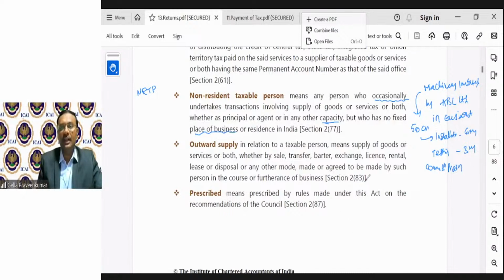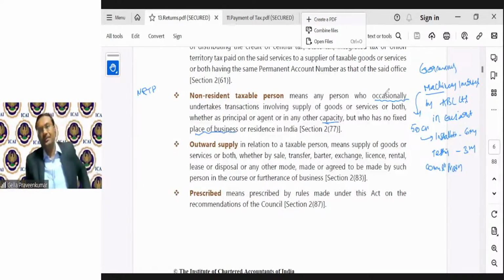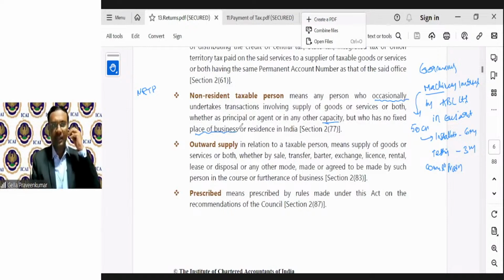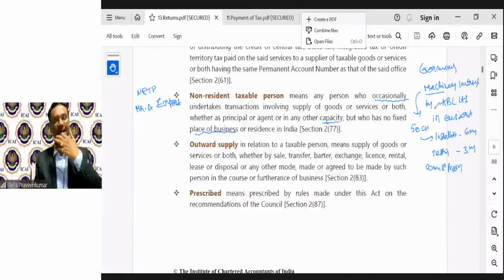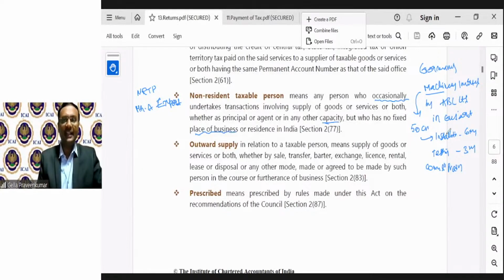Now, assuming that this machinery has been imported from Germany, this ABC Limited has taken the support of Mr. A, who is an expert on operating this machinery. This company says to Mr. A, please visit India right from installation and till commencement of your testing.